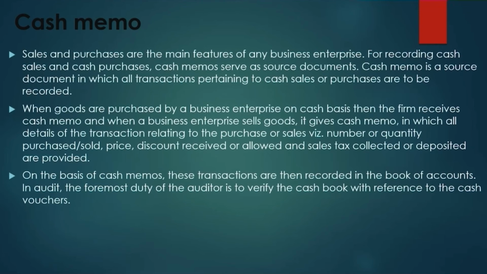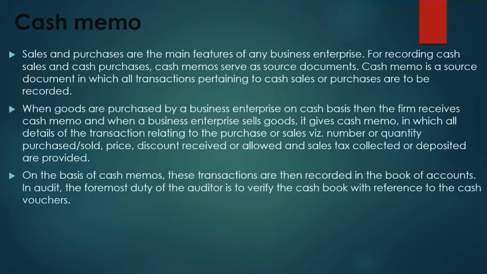When goods are purchased by a business enterprise on cash basis, then the firm receives cash memo, and when a business enterprise sells goods, it gives cash memo in which all detail of the transaction relating to the purchase or sales, viz. number or quantity purchased or sold, price, discount received or allowed, and sales tax collected or deposited are provided. On the basis of cash memo, these transactions are then recorded in the book of accounts.